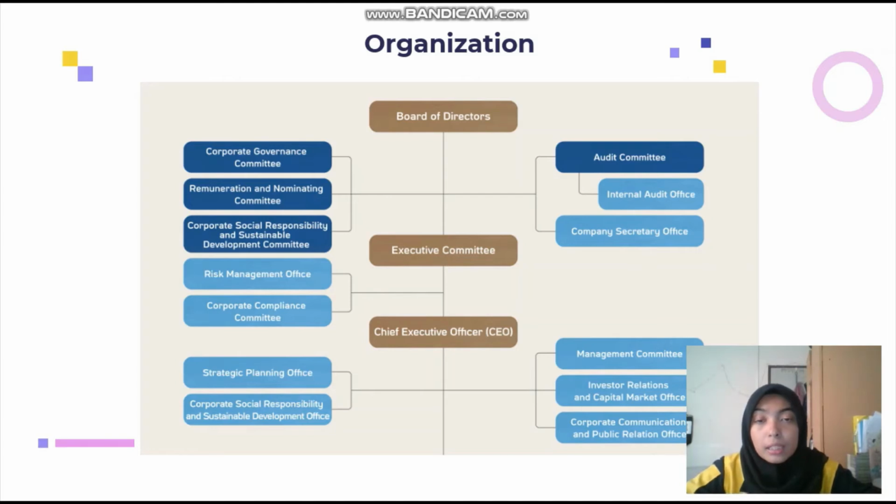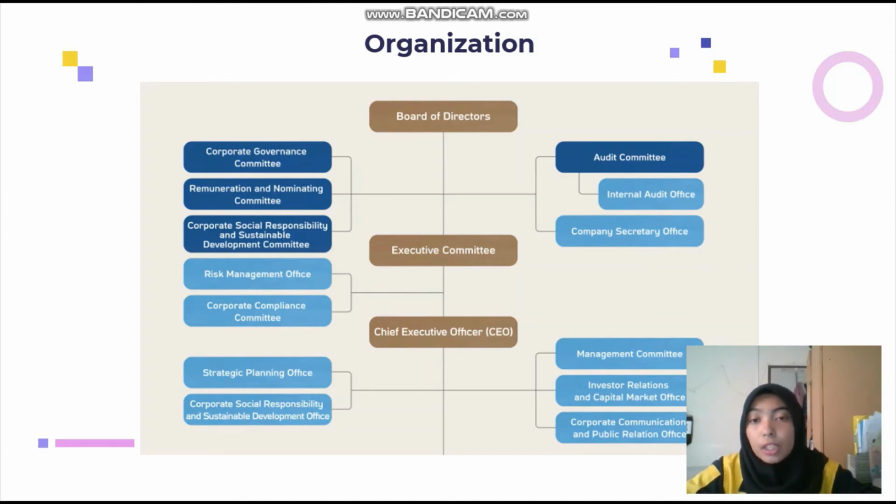The highest in this organization is the board of directors, which has the corporate governance committee, remuneration and nominating committee, corporate social responsibility and sustainable development committee, and others. Next is the executive committee, which has the risk management office and corporate compliance committee.